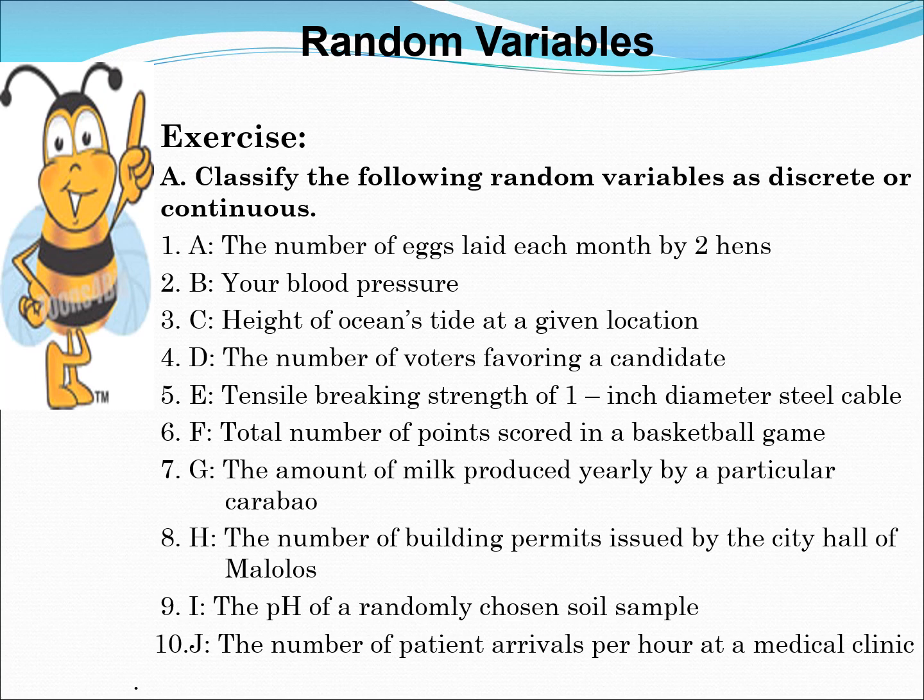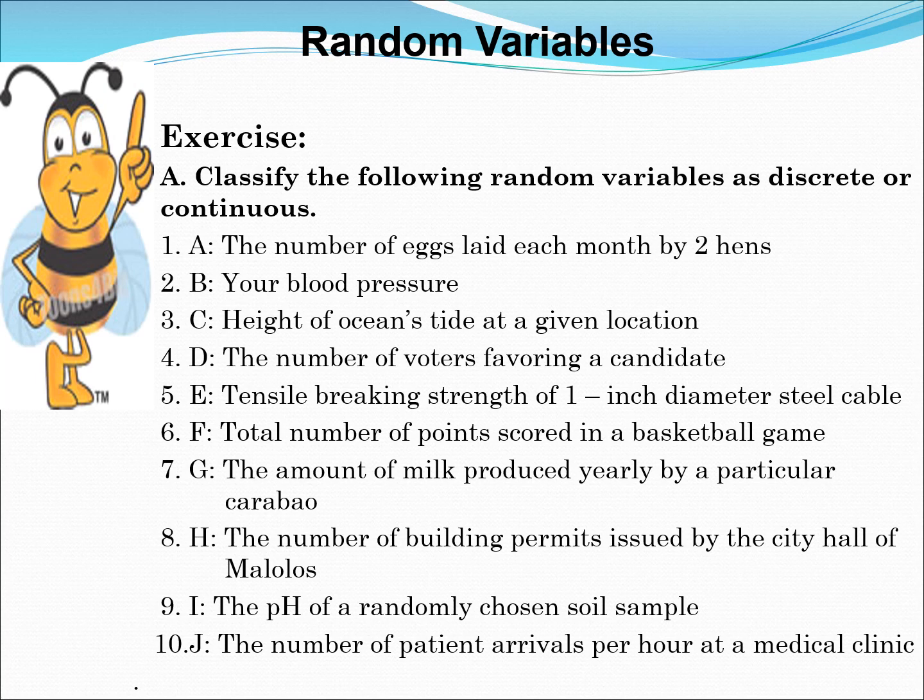The number of voters favoring a candidate is discrete because we're talking about the number of people, so that is countable. Next, tensile breaking strength of 1-inch diameter steel cable is continuous. Total number of points scored in a basketball game is countable, therefore discrete.